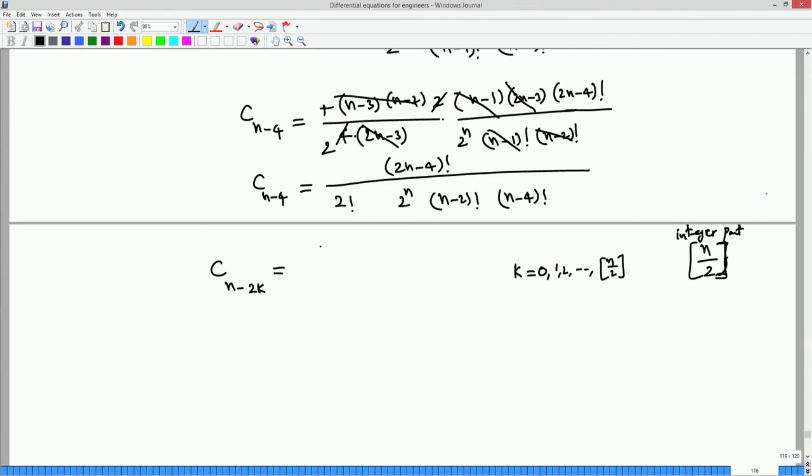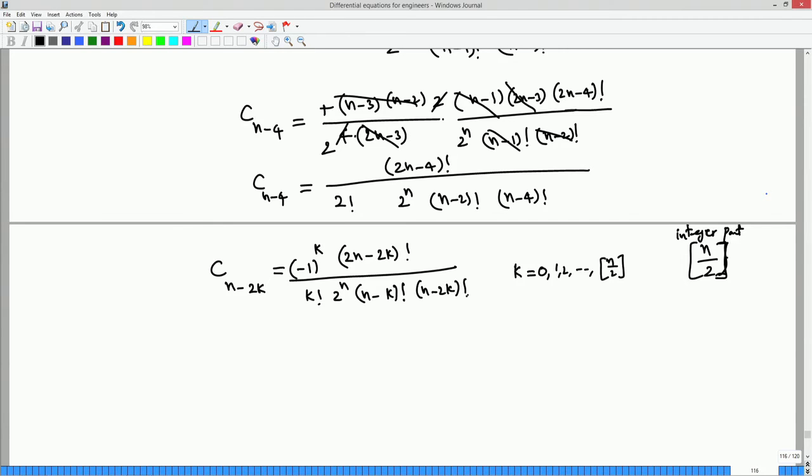So, by induction you can write 2n minus, so you have a minus. So, when it is n minus 2 into 2, you have minus, it is plus. So, you have minus 1 power k, 2n minus 2k factorial divided by, this is going to be k factorial, 2 power n, n minus k factorial and n minus 2k factorial.